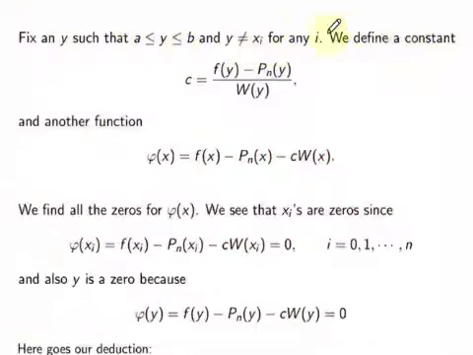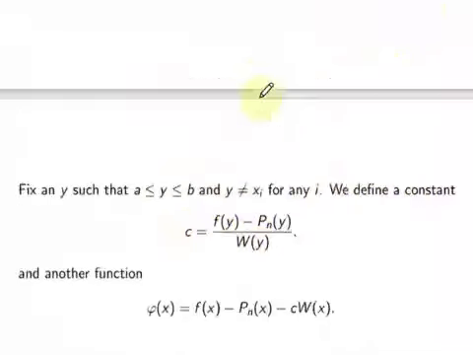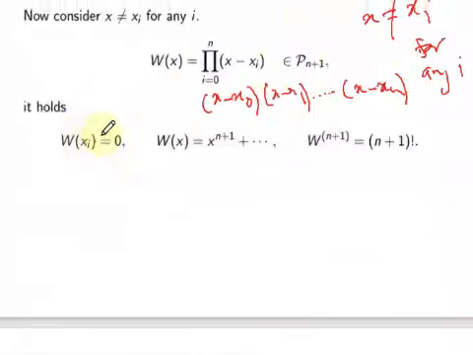So we can define this constant c as follows. When you plug y in here, we know that this w function evaluated at one of the nodes becomes 0, right?